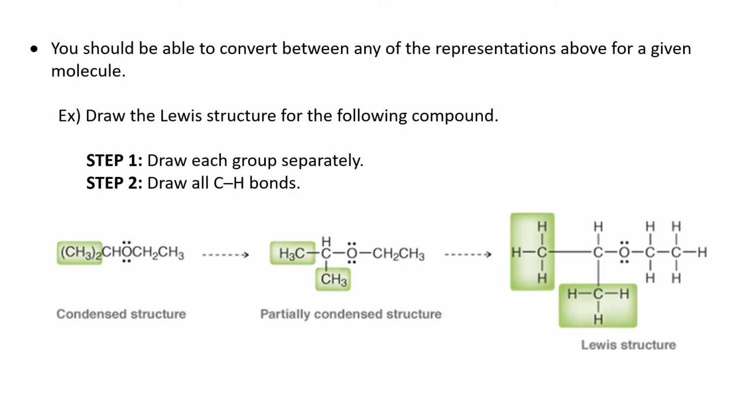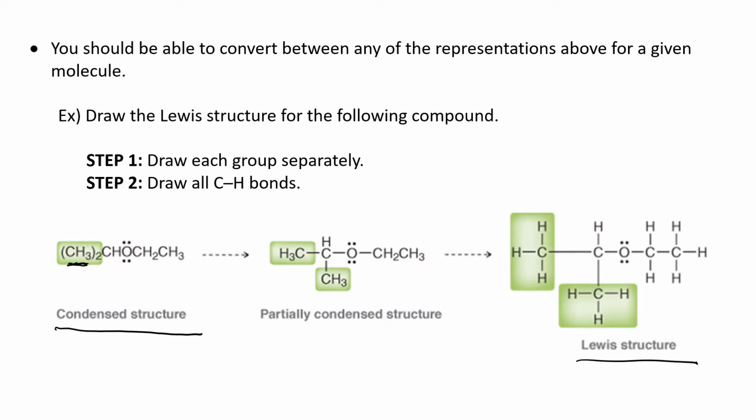The first skill is being able to convert between any of these representations for a given molecule. So let's take a look at an example where we convert a condensed structure to a Lewis structure. We want to draw each group separately. So let's start by looking at the CH3 groups.